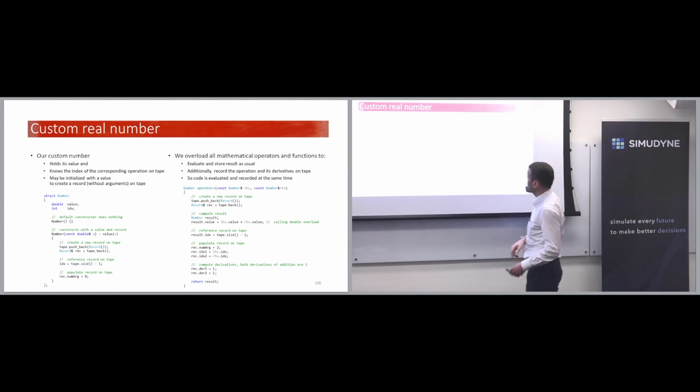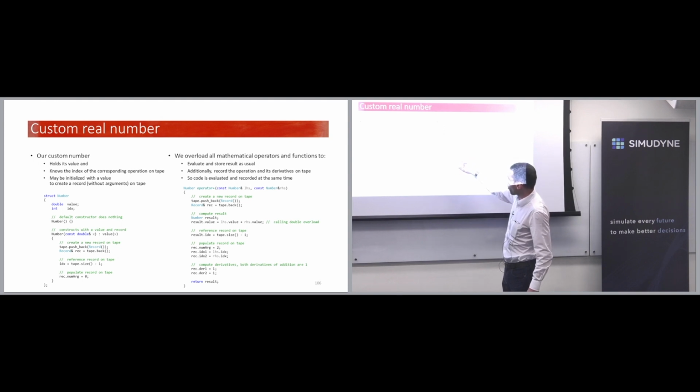So let's have a look at the operator plus, for instance, in between two numbers, and it returns a number. So first thing I do is create a new record on tape for this addition operation. Okay? Take a reference on this newly created record so that I can fill its fields.